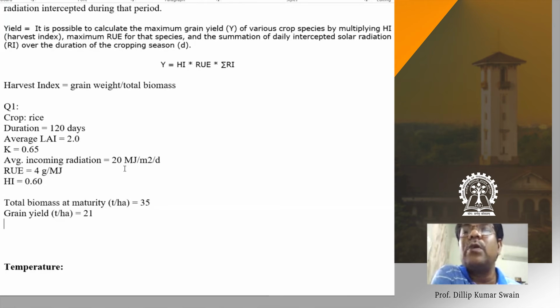So depending upon the incoming radiation and the efficiency of utilization, at the plant level, the plant hardly utilizes 6% of the total incoming radiation in general. The efficiency is very low. Around 6% of the radiation is utilized by the crop for conversion to biomass.